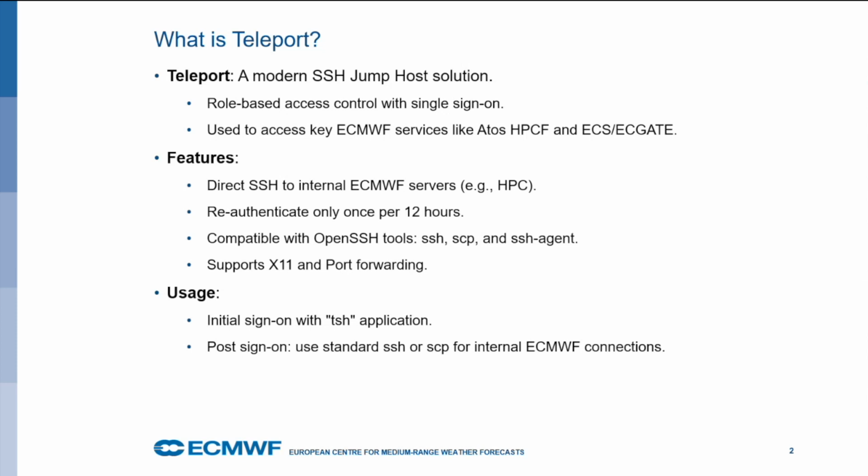One of the new things, if you compare it with EC access, is that you only have to authenticate once every 12 hours. If you remember, with EC access you had to authenticate for every single connection. Once this whole system is set up and the authentication is done, you can run any SSH-based commands, SCP, without further authentication.